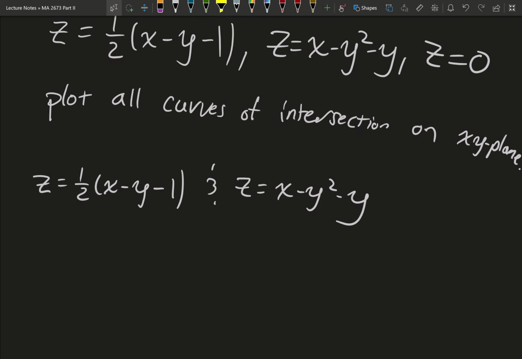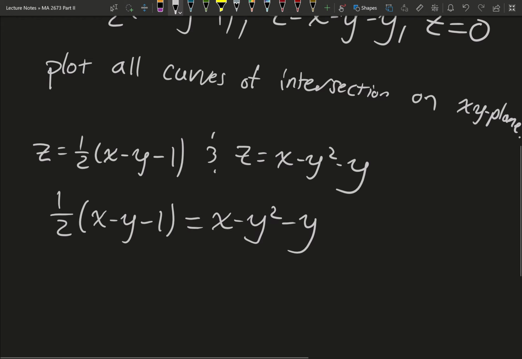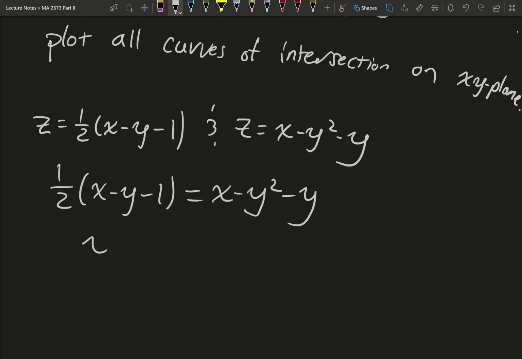So we have these two things, we can solve for this one by just setting them equal to each other. And solving this is going to give us the following curve: x equals 2y squared plus y minus 1.